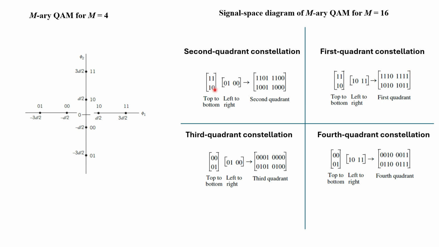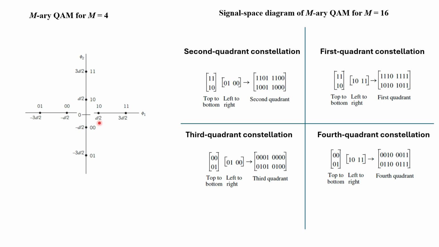Follow the same for the second quadrant constellation. Write the second constellation elements top to bottom, again left to right, and write this pattern. For the third quadrant, write top to bottom, that is 00 and 01, and left to right is 01 to 00.